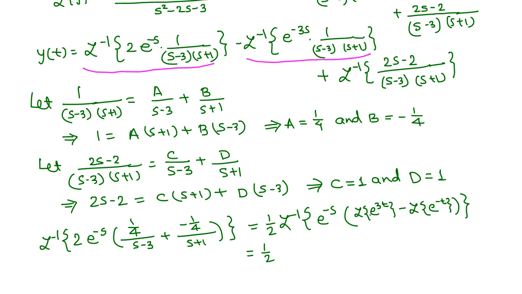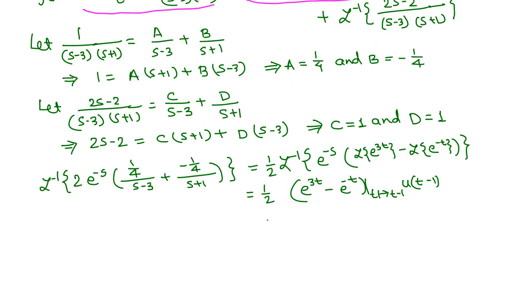Using number 11 from the table, e to the negative s gives us the unit step function u of t minus 1, and e to the 3t minus e to the negative t, but t should be written in terms of t minus 1. Here t should be written as t minus 1.